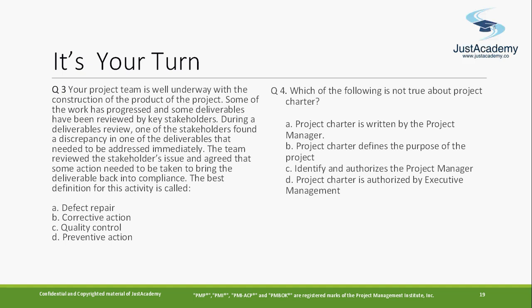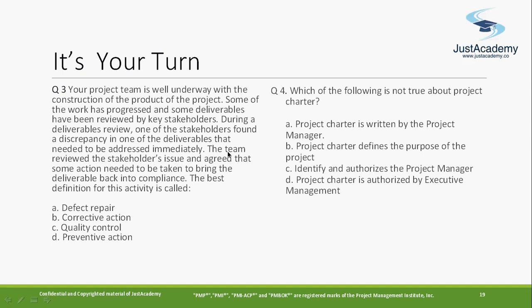During a deliverables review, one of the stakeholders found a discrepancy in one of the deliverables that needed to be addressed immediately. It doesn't ask for a change request. A discrepancy means something is supposed to be done but has not been done the way it has to be, something is missing as per the requirement. So this word is important.